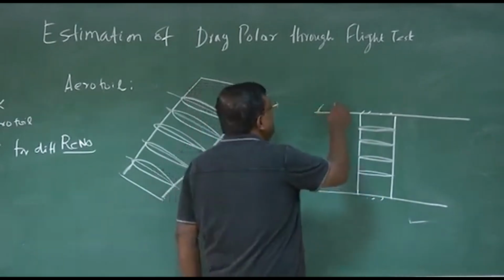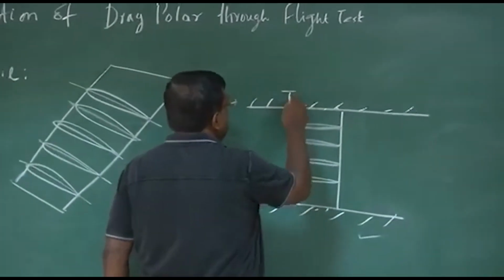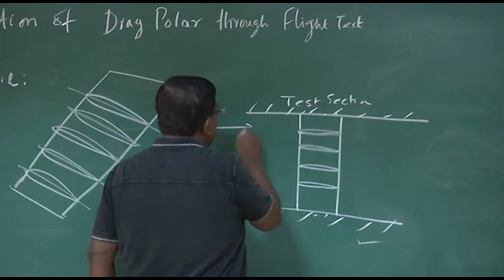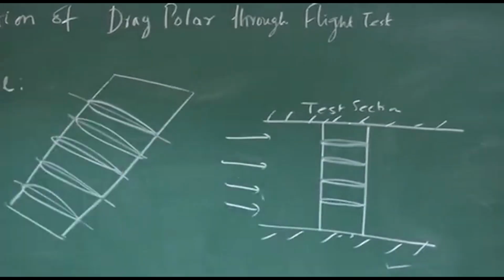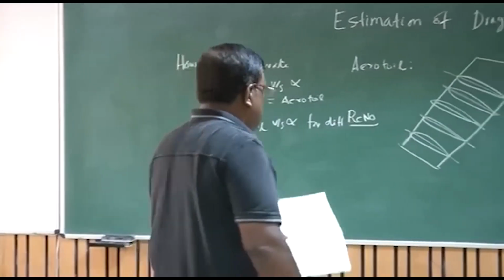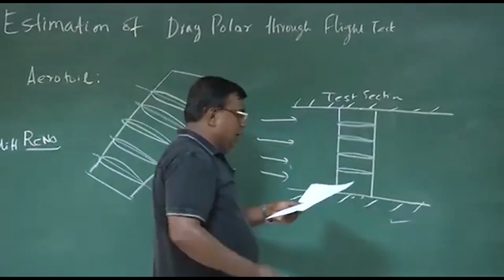This is the wind tunnel test section. And air is blowing like this. If the wingtips were not touching the wall, then it would have behaved like a finite wing. But there is a gap, flow will come like this. So by ensuring that they are touching the test section wall, we are avoiding that.